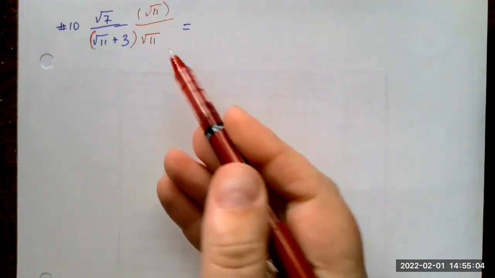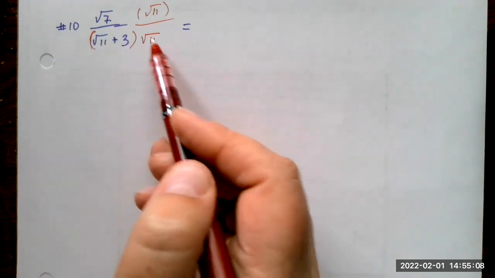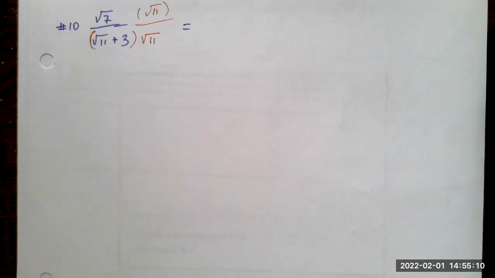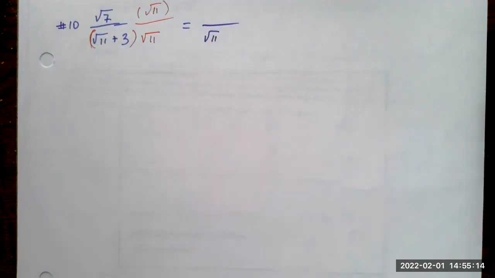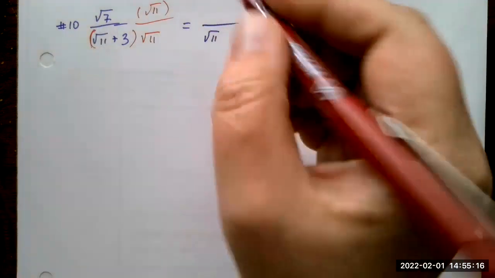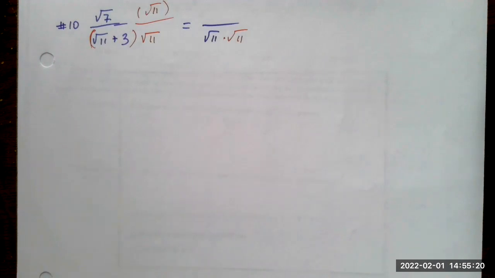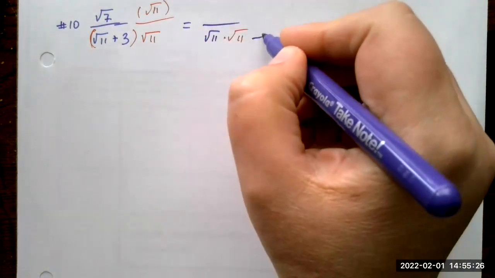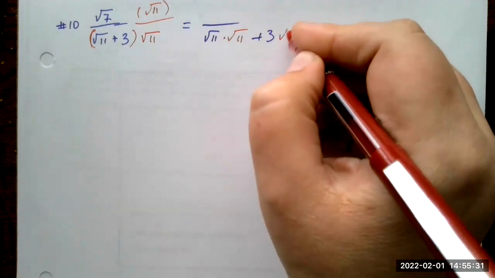Okay, but if we multiply the entire denominator, we're going to open parenthesis, factor it in, right? So what's going to happen is I'm going to have my square root of 11, the original one, multiplied by the root of 11. Now I have root of 11 squared. Good, because that's what I want. And then I have 3 multiplied by the root of 11.